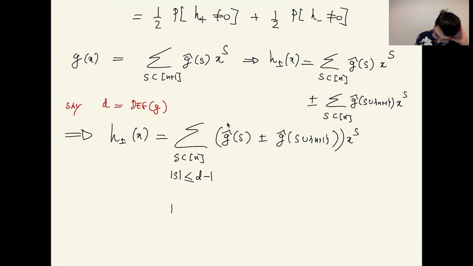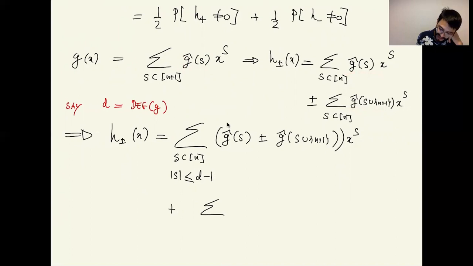And if that's not the case, then I leave this guy, because recall that the degree of G is D. So this guy can have at most size D. And there is one guy that has size D such that this is non-zero. And that guy can show up here or there. Okay.